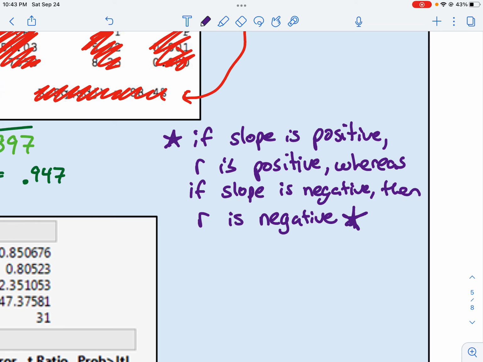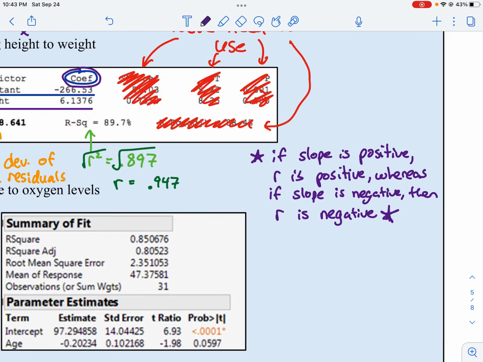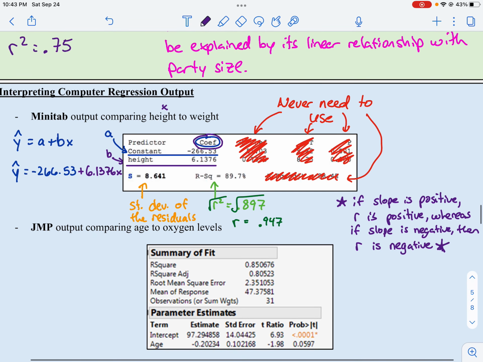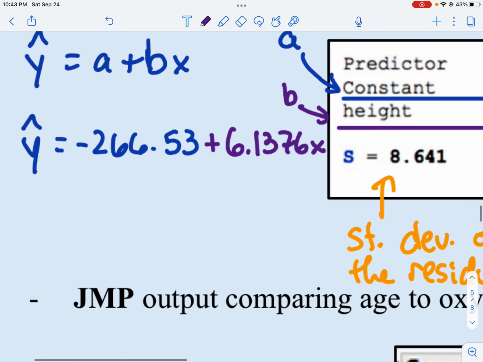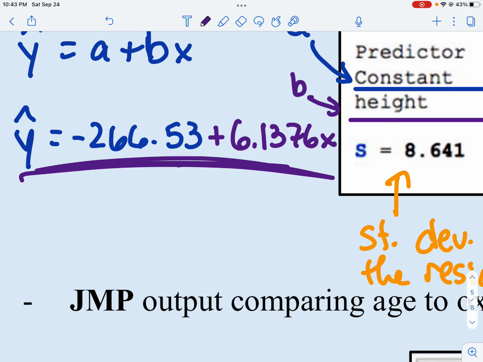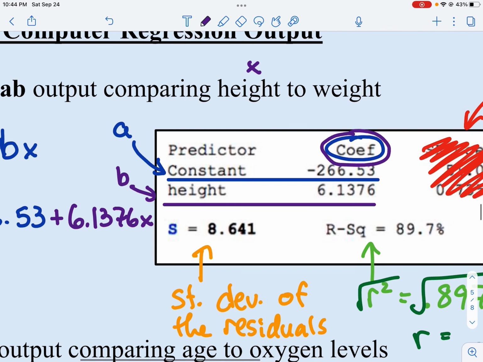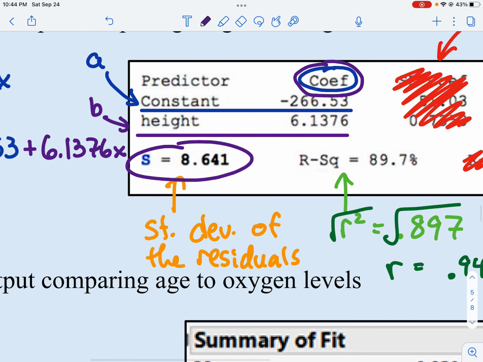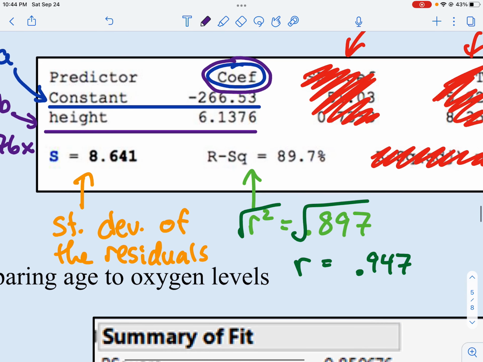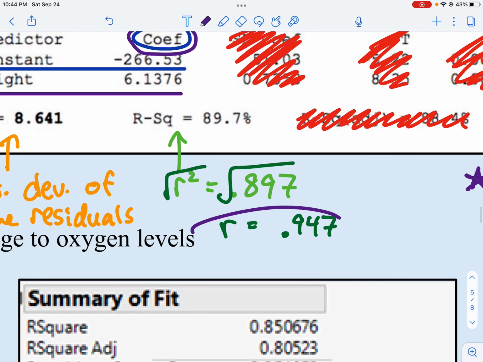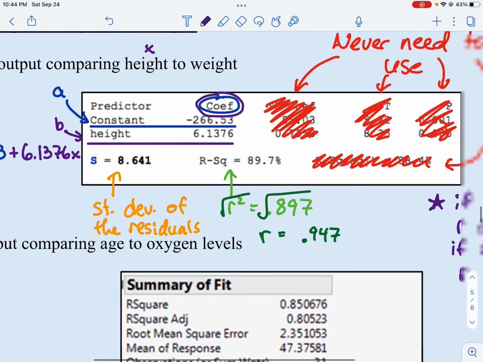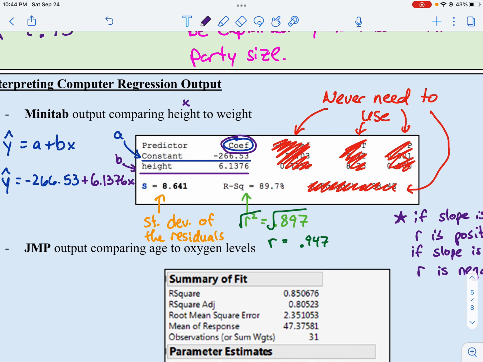Okay. And so what this does now is it gives us a rule to where if I have a Minitab output, I can determine the equation of the least squares regression line from using the coefficients, and I can determine what is the standard deviation of the residuals. I can determine what is R squared, and I can determine what is R. Okay. So those are from what we call a Minitab output.